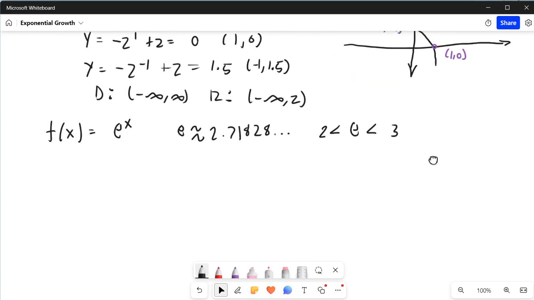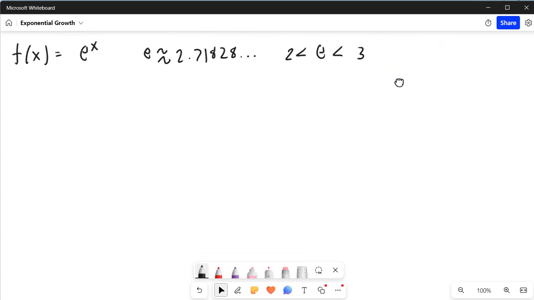So if, for example, we were to draw its graph, it would not really change much, because e to the 0 is just 1, so we know that it passes through 0, 1. But then e to the 1, that's the one where we found that it's 2.71828 and some change, right?